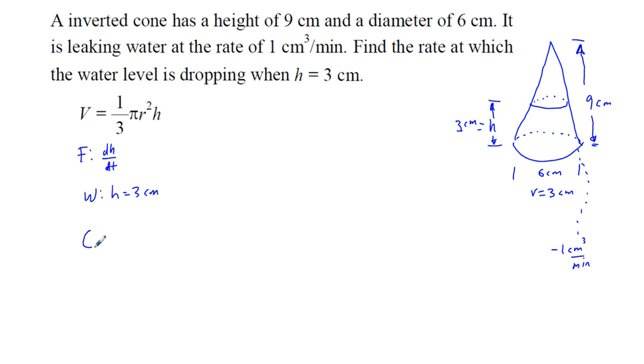We are given dV/dt, or change in volume, is equal to -1 cubic centimeter per minute.